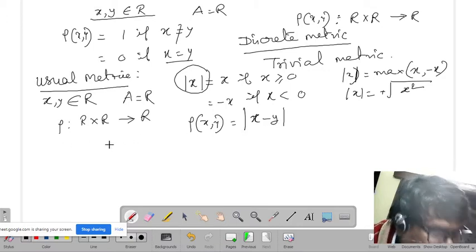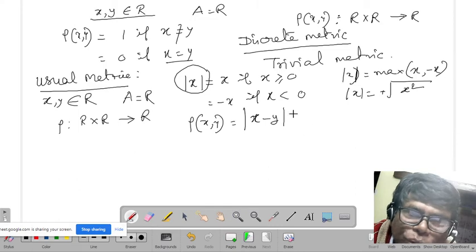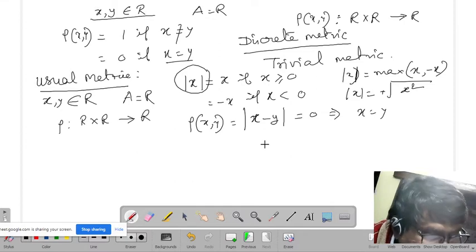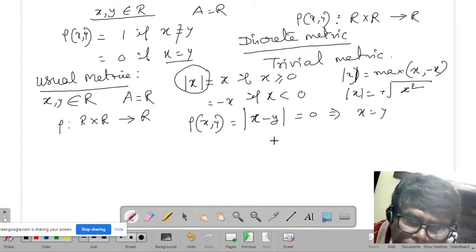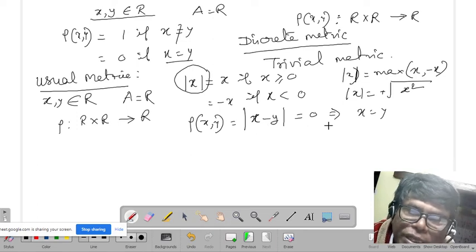It is very easy to see, if this is 0, this implies x is equal to y. So this is the necessary and sufficient condition. Vanishing of this is nothing but equality of x and y.